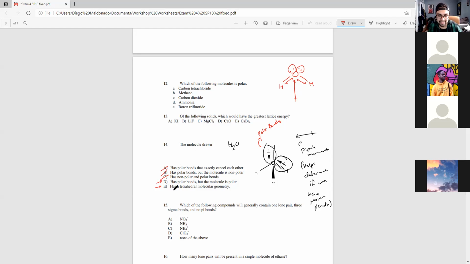E is kind of hard to answer because you have to know how to go about assigning molecular geometry. In the back of your book, or your workbook, there's this big table right behind the periodic table.